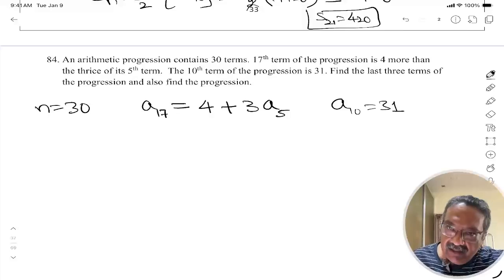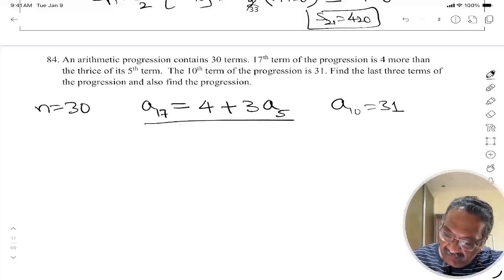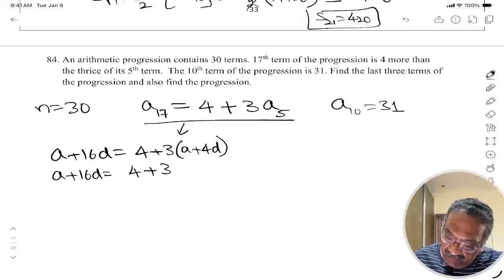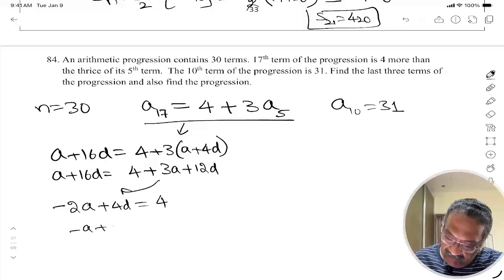So let us expand it. From A17 we get A plus 16D is equal to 4 plus thrice of A plus 4D. So A plus 16D is equal to 4 plus 3A plus 12D. If this comes this side, it becomes minus 2A plus 4D is equal to 4, so minus A plus 2D is equal to 2.